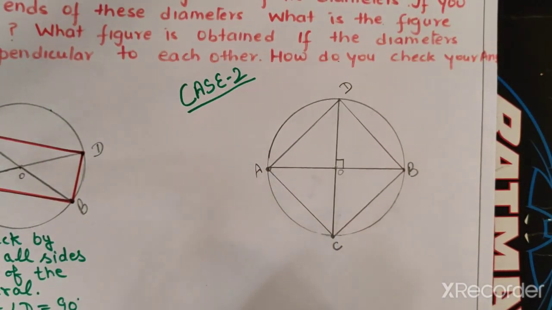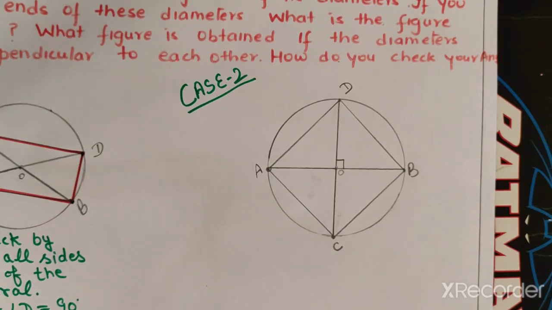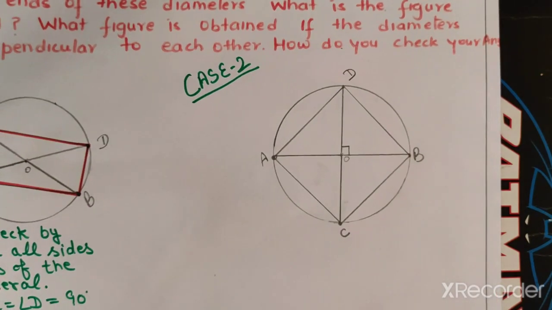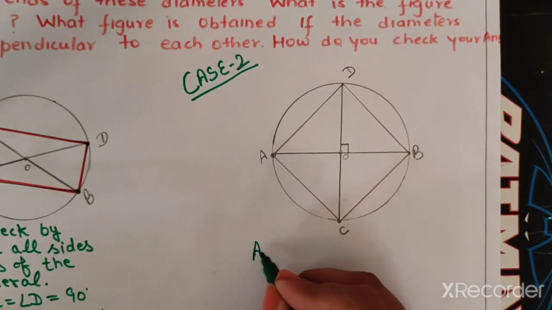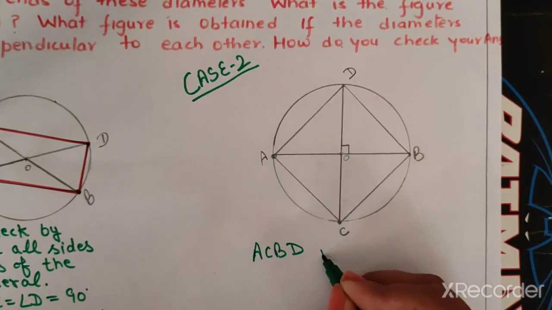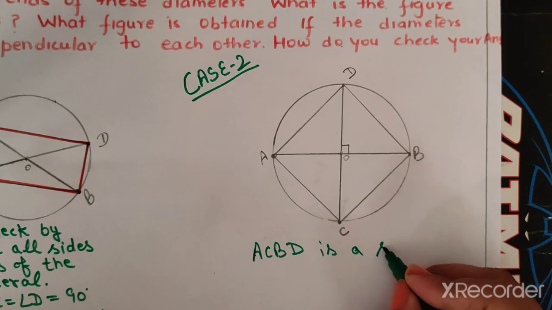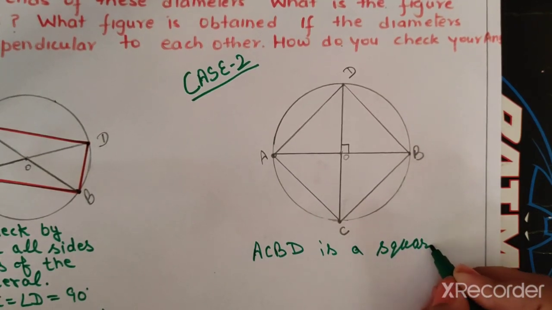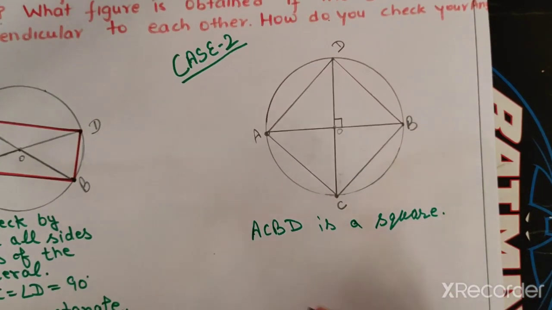So it means that this is a square, because it is having all sides equal and all angles are also of 90 degree. Therefore ACBD is a square. You will write down ACBD is a square. And why is it a square?